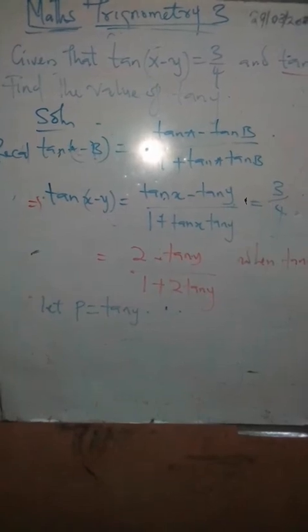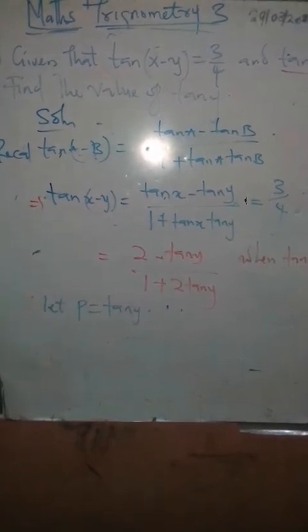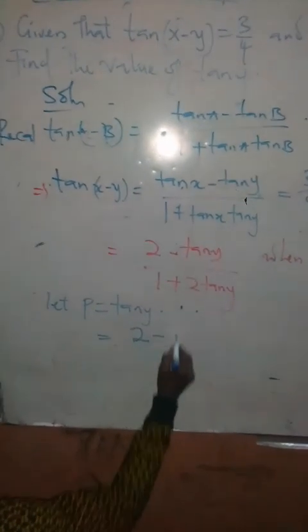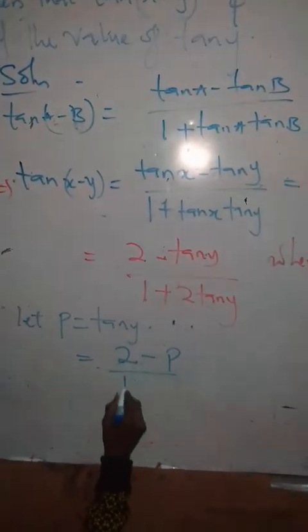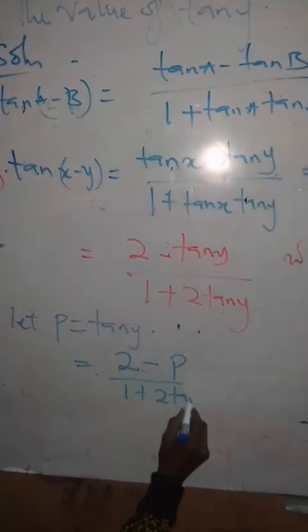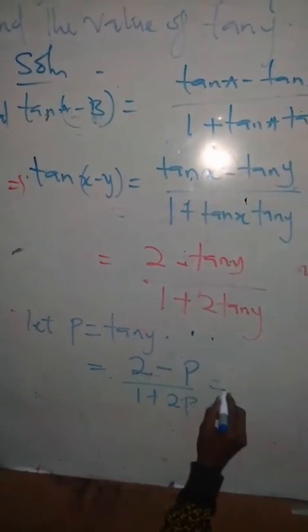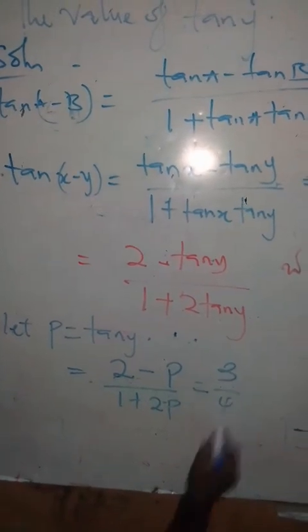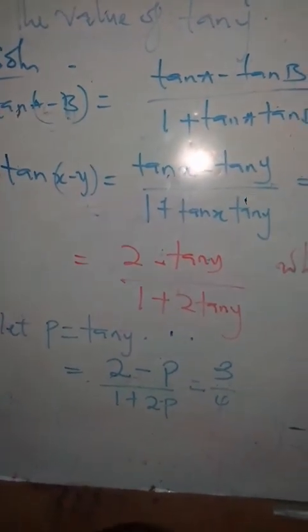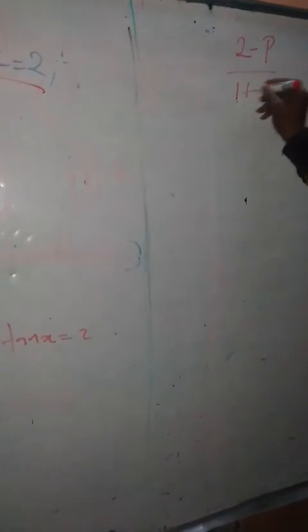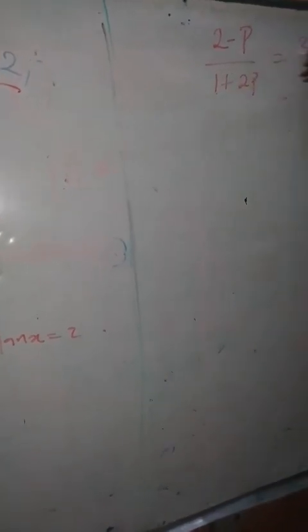Hence this is 2 minus P over 1 plus 2P, which is equal to 3 over 4.